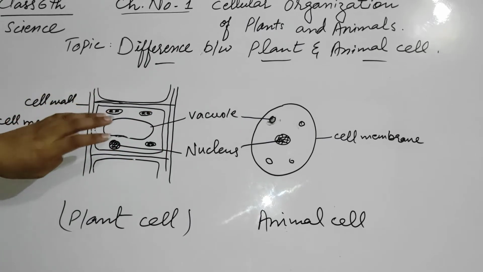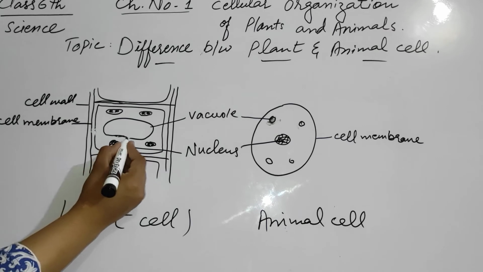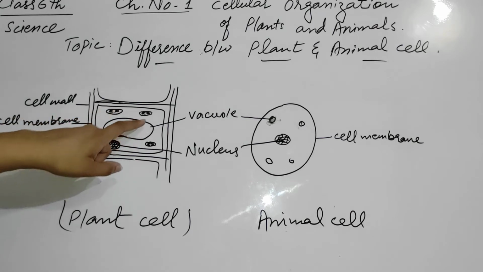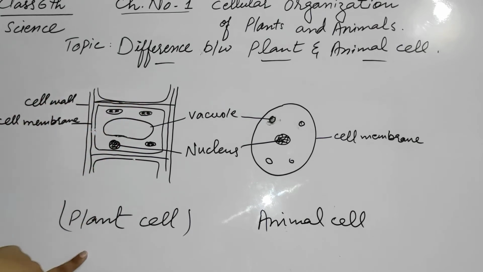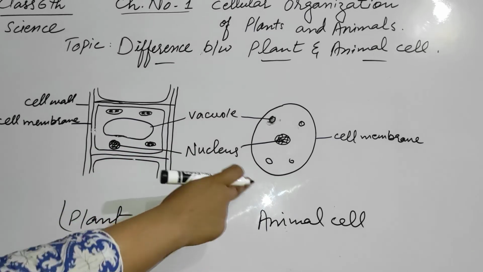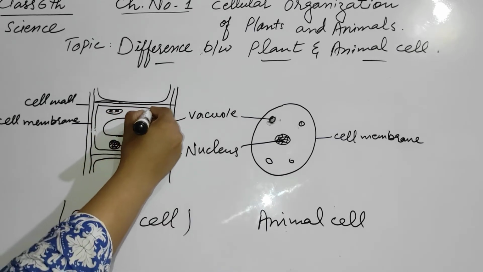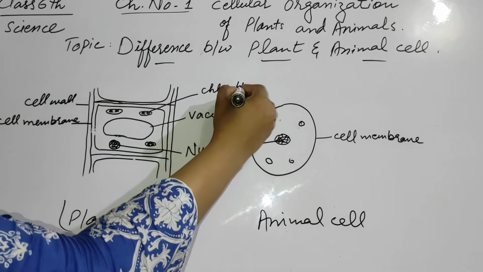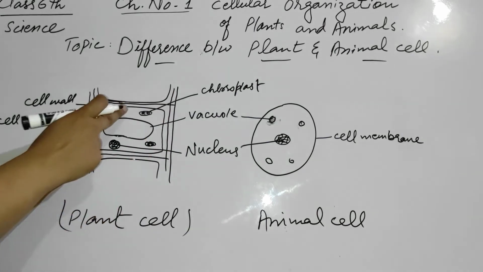These plastids are also called chloroplasts because they contain a chemical called chlorophyll. So these chloroplasts or plastids are present in the plant cell, but not found in the animal cell. That's the difference: chloroplast.